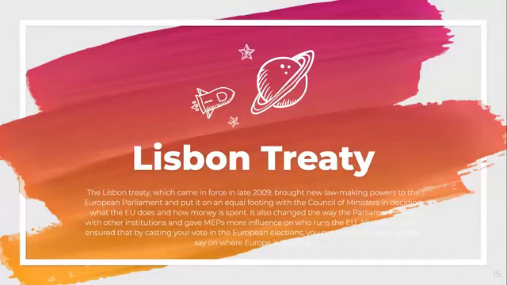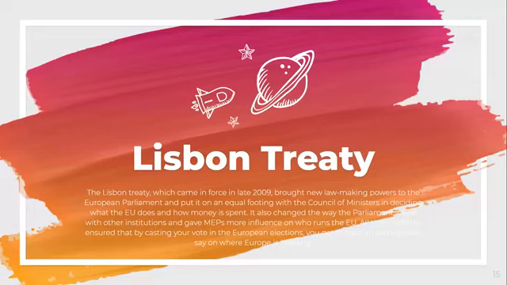We are almost done with the European Union, don't worry, but now we're going to go off into the Lisbon Treaty, because now that we know what the European Union's goals are and what it's trying to do, we need to break down how it works, right?